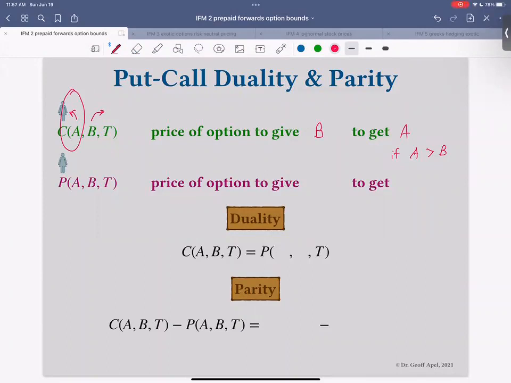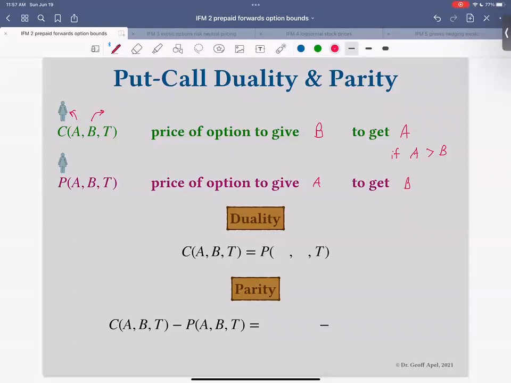Now with a put, it's the opposite. A put is an option to sell. So you're going to sell the stock for a certain price. There you're going to receive the strike, the money, and give away the stock. So you're going to give away the first parameter to get the second parameter.